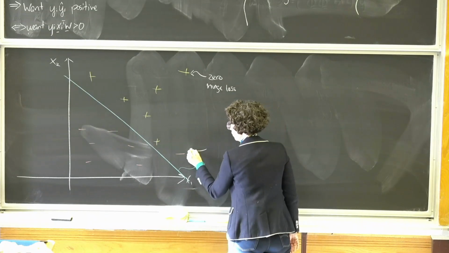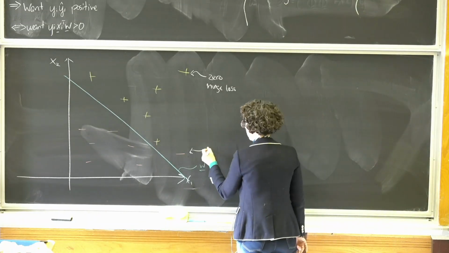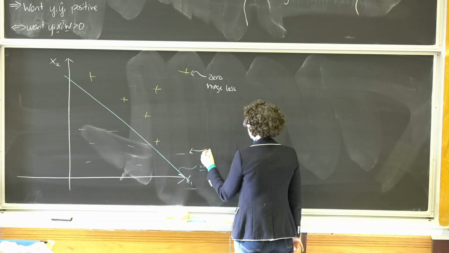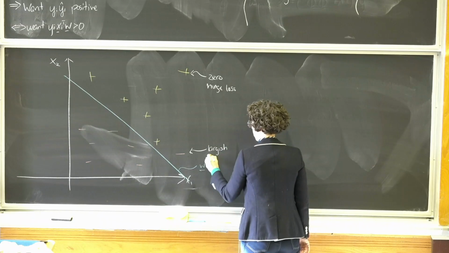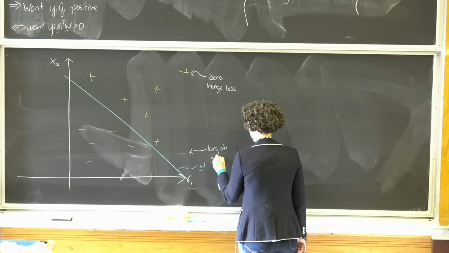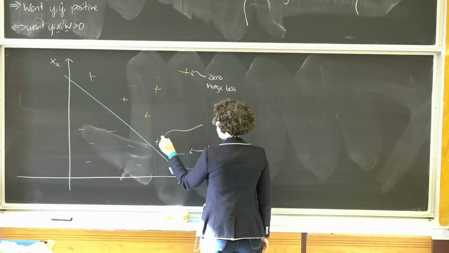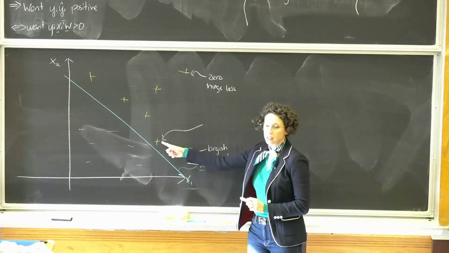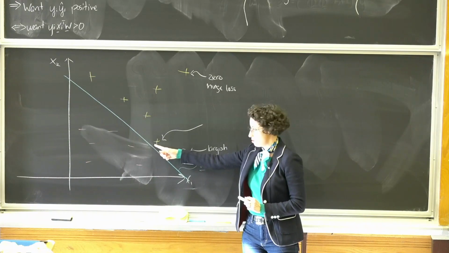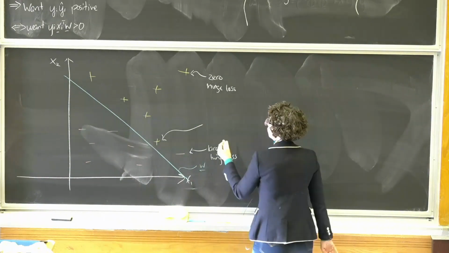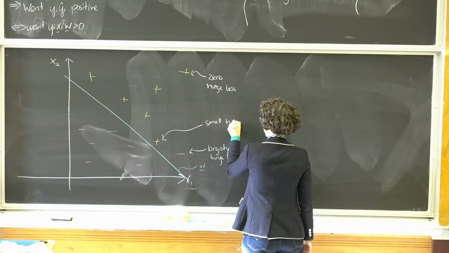This point here is incorrectly classified with this decision boundary, so it's going to have, let's just call it, largish hinge loss. And this point here is correctly classified, but very, very close to the decision boundary, and so this is going to have small hinge loss.